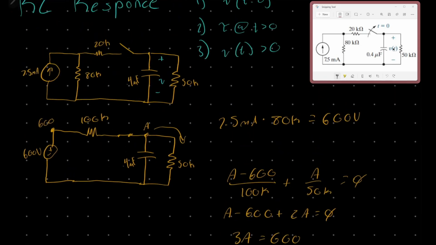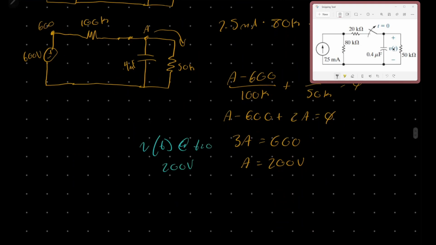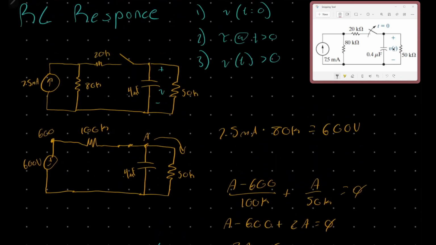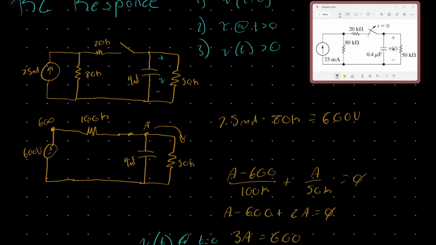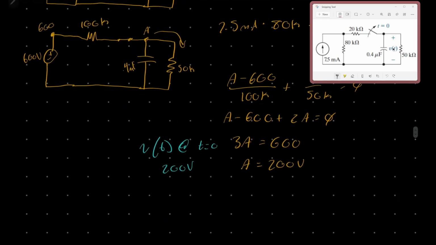So the answer to our first question right here, the initial V at t equals 0, is going to be 200 volts. There we go. And now we want to find tau when t is greater than 0. So to find tau, tau is this symbol right here.